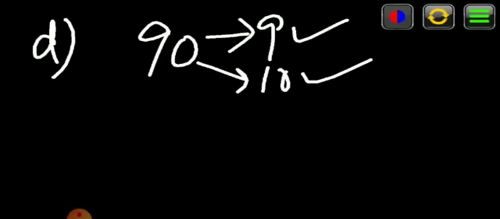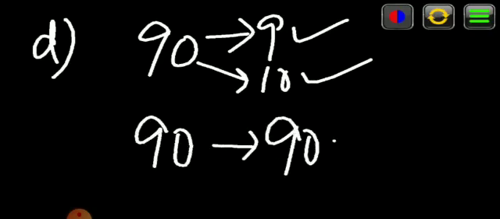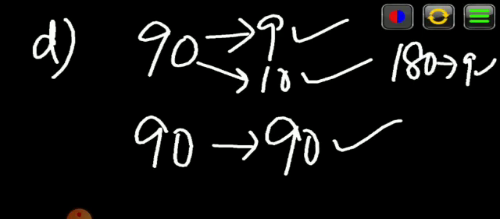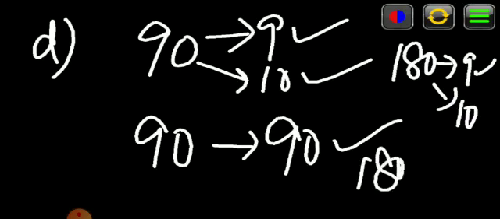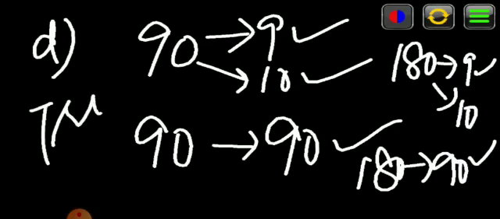That means 90 is also divisible by 90. So here the statement is true. You can take one more example, let it be 180. 180 is divisible by 9 and 180 is divisible by 10 also, and you know that 180 is divisible by 90 also. So again in both the examples the statement is true.